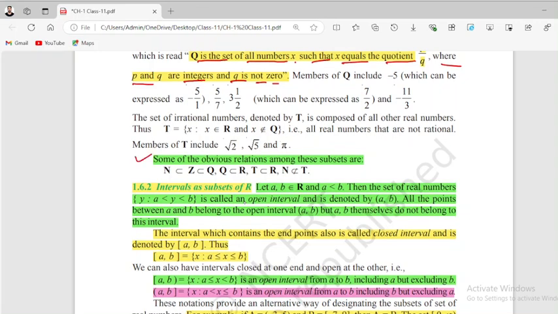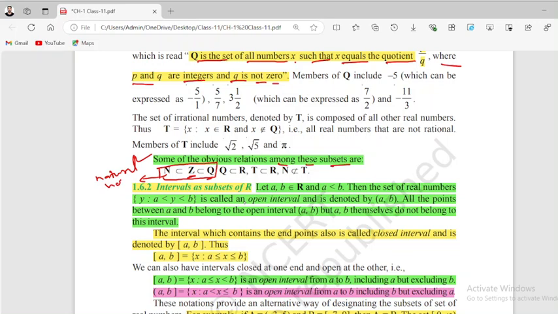Some of the relations among these subsets are: N means natural numbers, Z means integers, Q means rational numbers. According to this mathematical representation, the natural numbers are a subset of the integers.